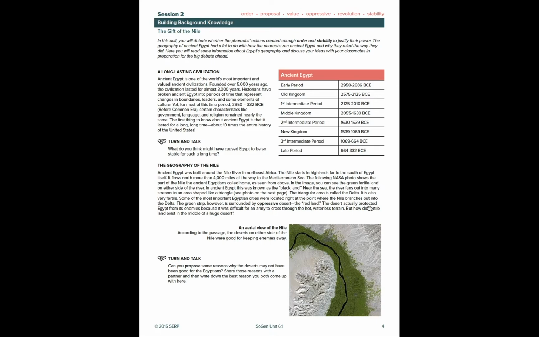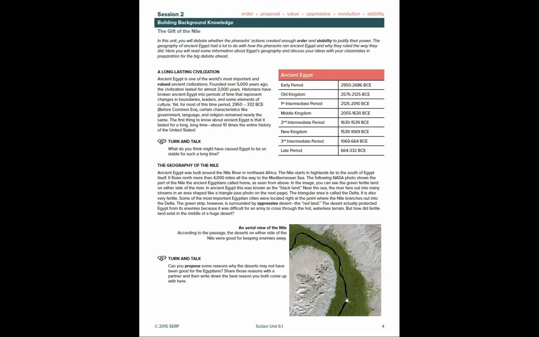And also on this page there is an image. There is a picture of the Nile, right? That's what this caption says, an aerial view of the Nile. According to the passage, the deserts on either side of the Nile were good for keeping enemies away. And we can see that there are these bleached desert areas surrounding this really fertile river valley.